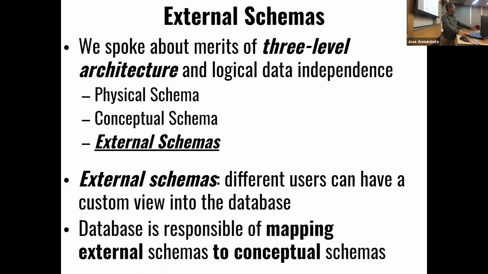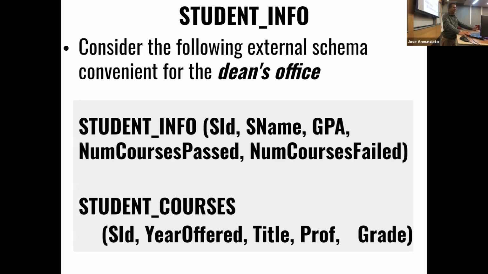Schemas for folks who don't really care about the schema. So for instance, the dean's office might want the student info. They would want a schema that combines the numbers of courses that they passed, the numbers that they failed, their GPA, student name.